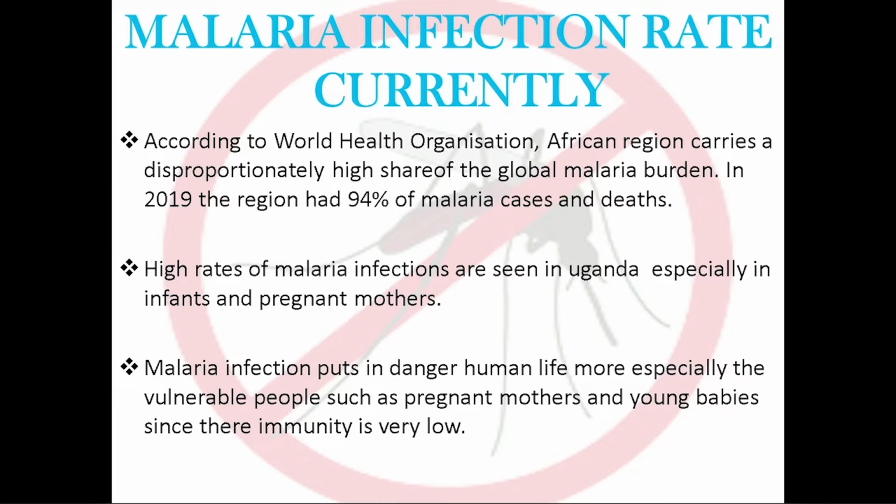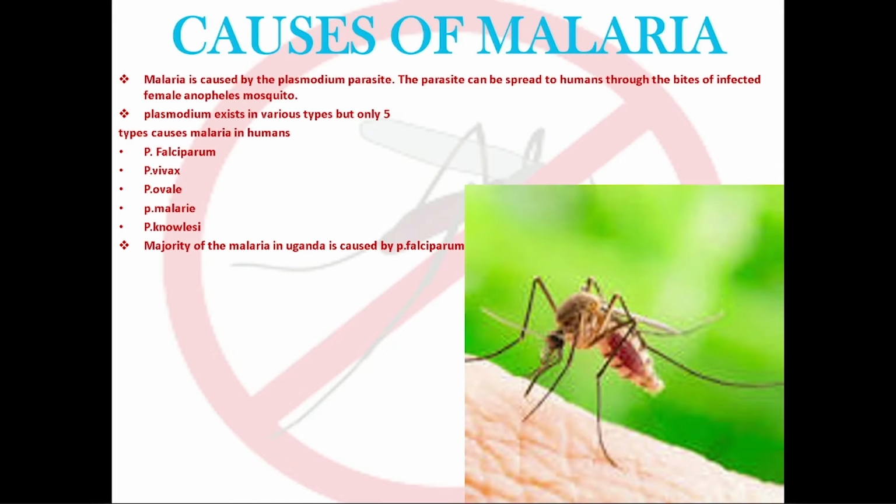These high rates of infection are seen majorly in Uganda, because Uganda is a tropical country and many people are infected with malaria. Malaria puts you in danger of death, especially if it finds you as a pregnant mother or a baby. They are highly infected with malaria.